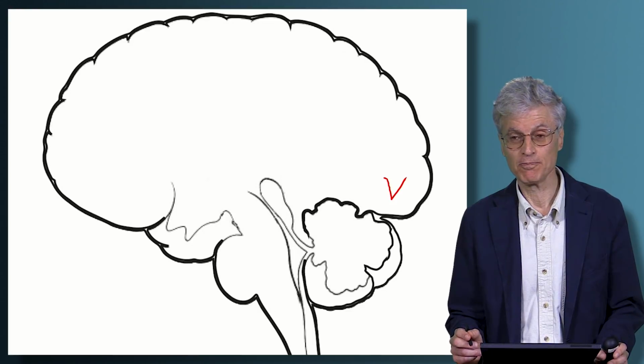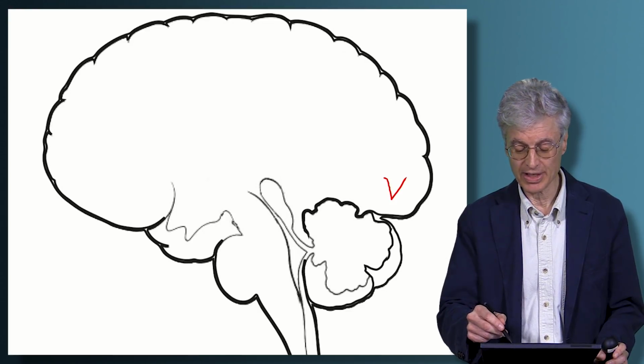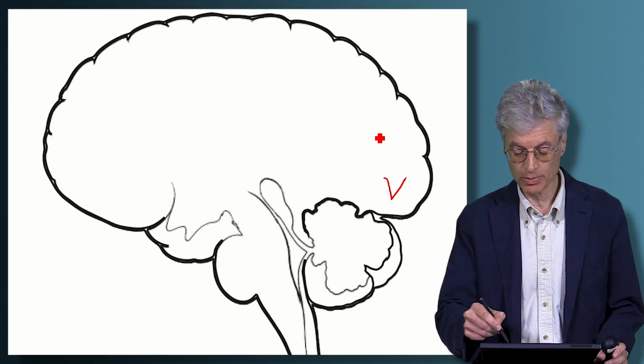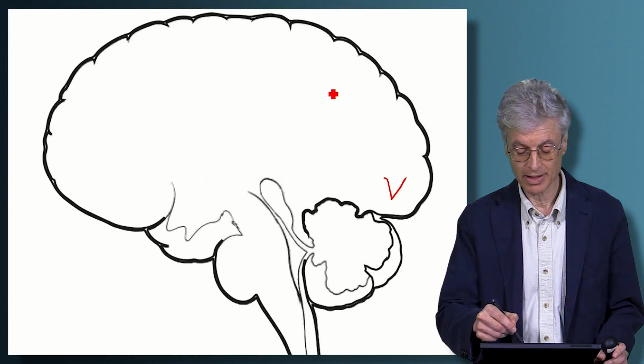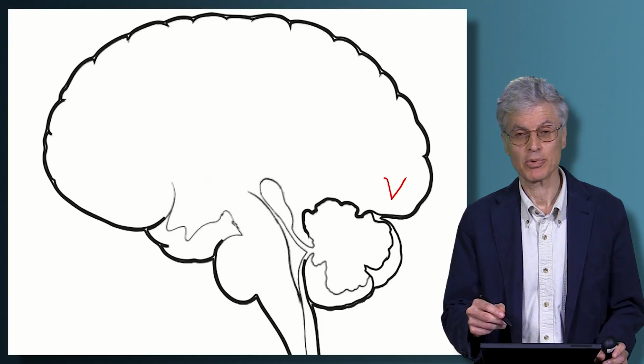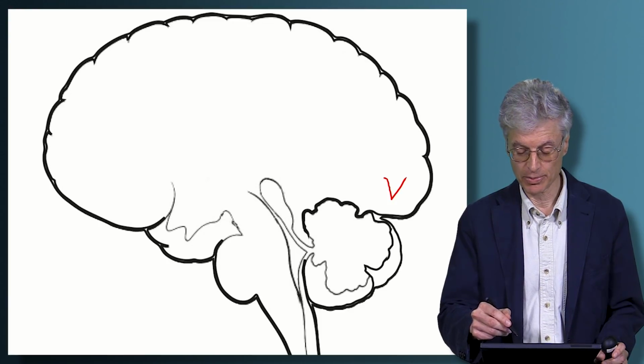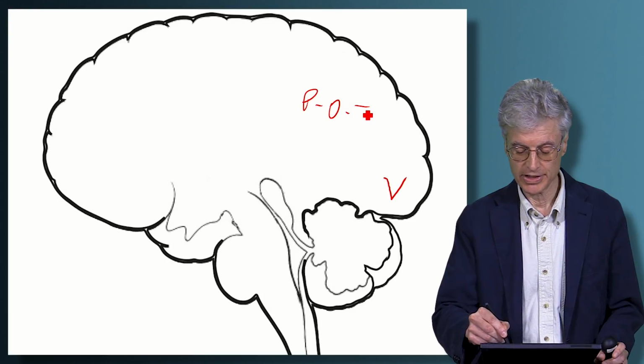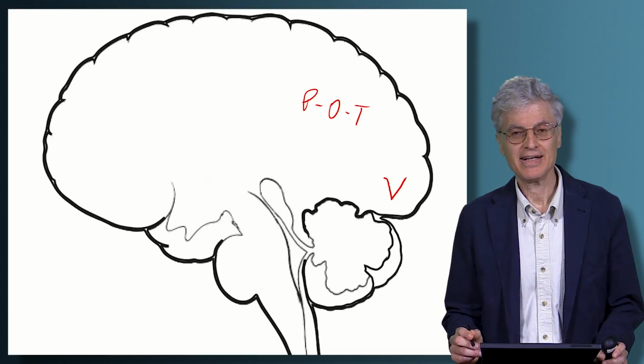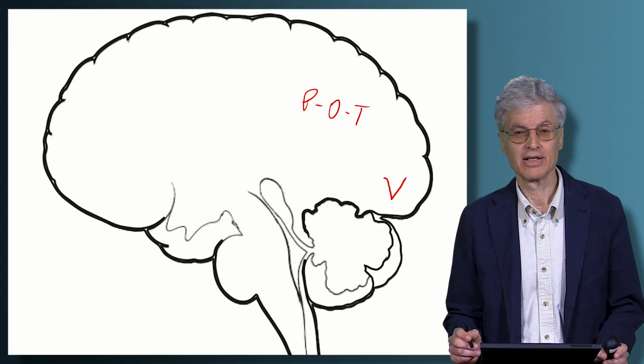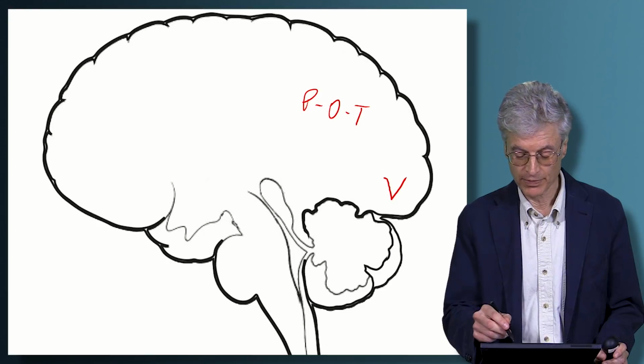For example, there is an area that combines the occipital lobe, the parietal lobe, and the temporal lobe. It's the parieto-occipital-temporal junction, POT. And that analyzes what we should look at from among competing objects in our environment.